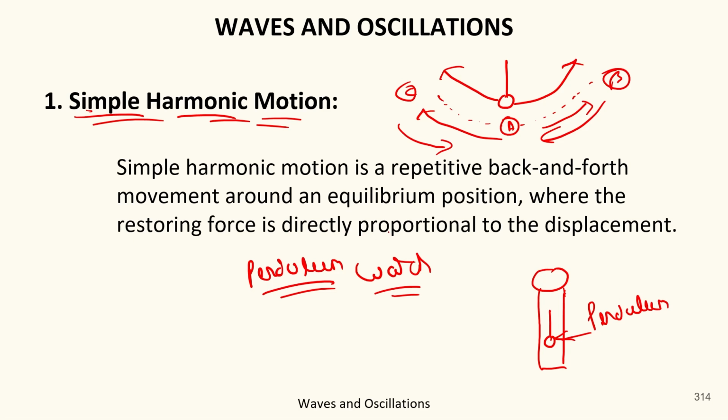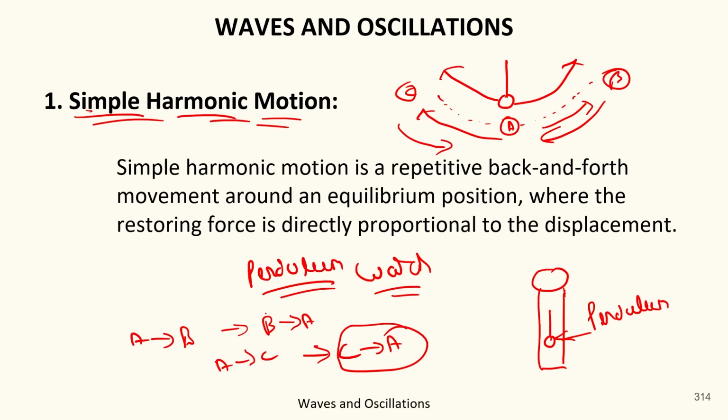Got it? So you can say the force required for moving the object from A to B or from A to C will be equal to the force getting the object back from B to A and from C to A. Got it? So that was simple harmonic motion.